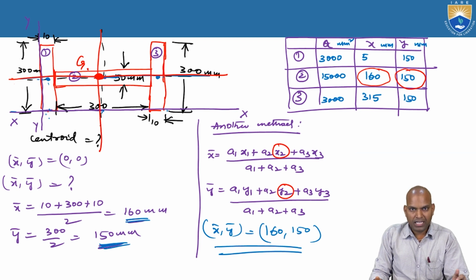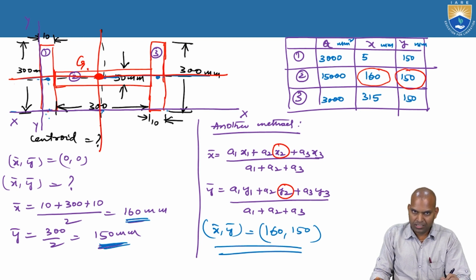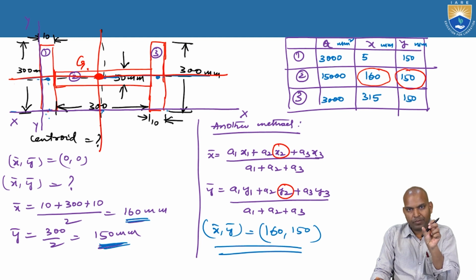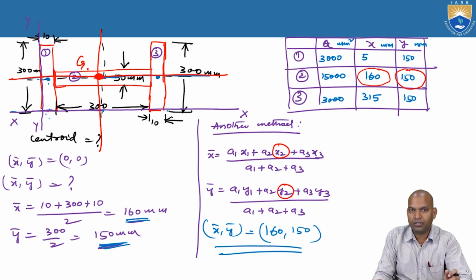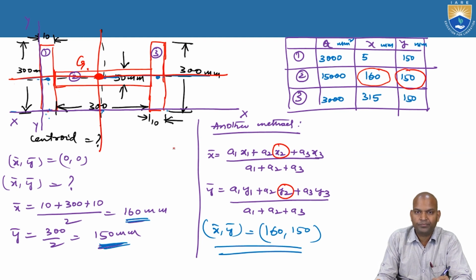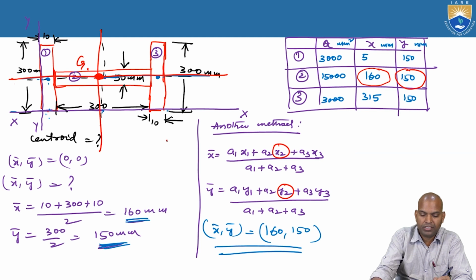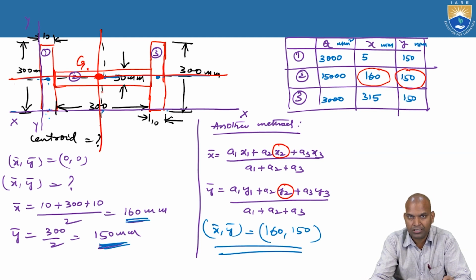So the bar x and bar y of the whole geometry pass through the centroid of section 2. That is the inference we can conclude for this H section.